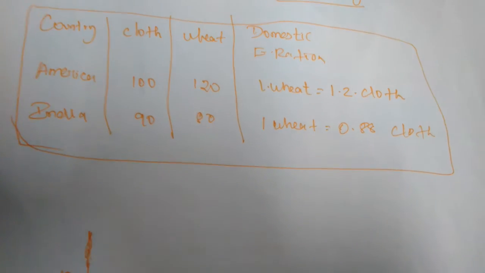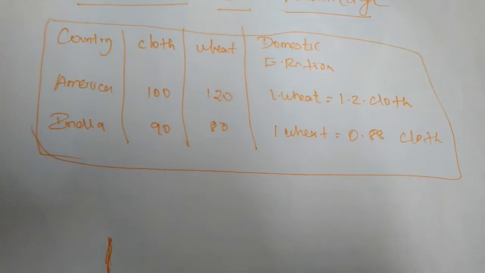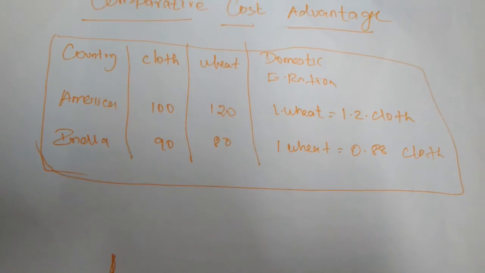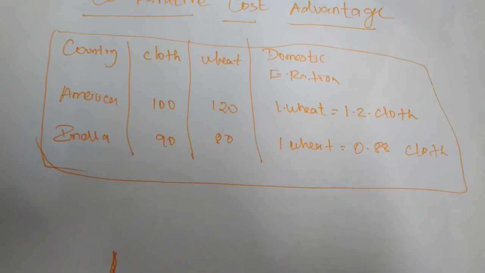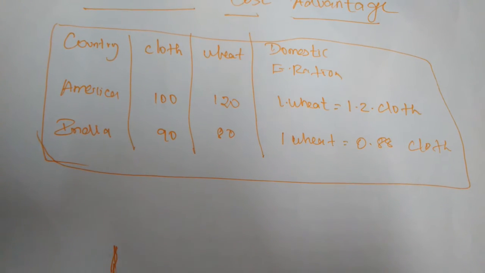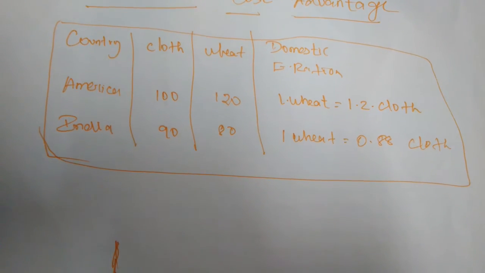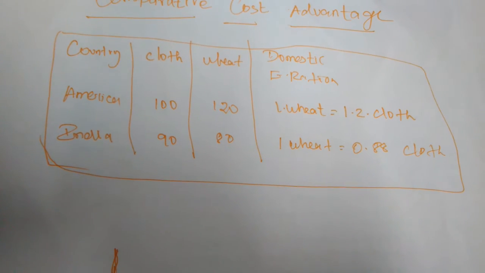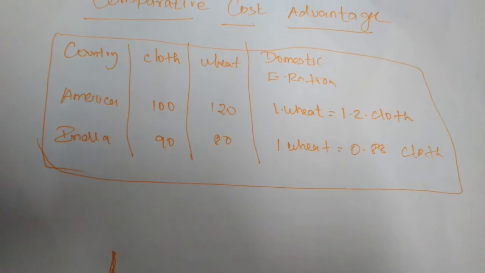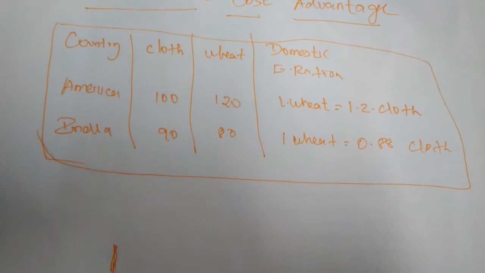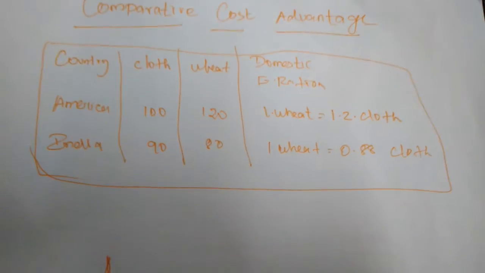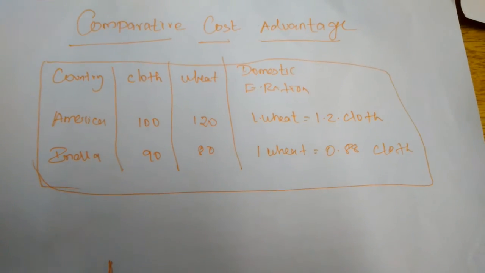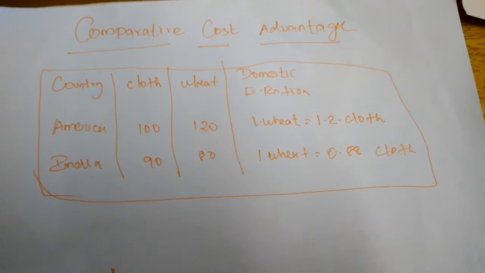So India has to concentrate on producing more wheat and it can export to America. At the same time, America can produce more cloth and it will be exported to India. So when we compare the costs with one another, if nations feel it will be better, the nation must come to international trade.